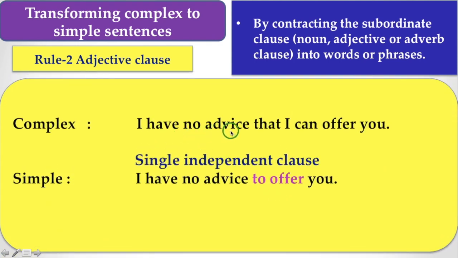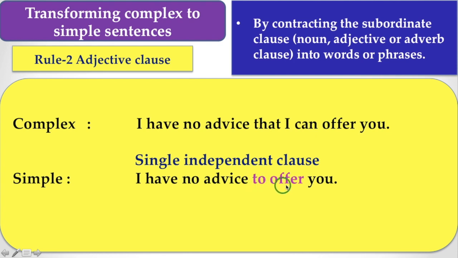Next example for you. I have no advice that I can offer you. Here "I have no advice" is a main clause, and "that I can offer you" is again a subordinate clause. And when you are asked to convert it, you have to change these two clauses into one independent clause, that is, I have no advice to offer you.